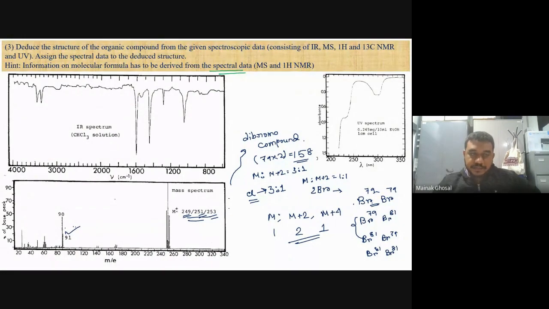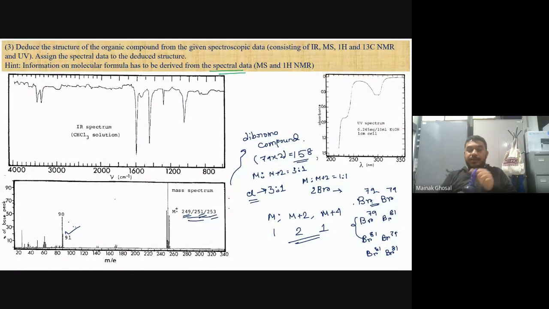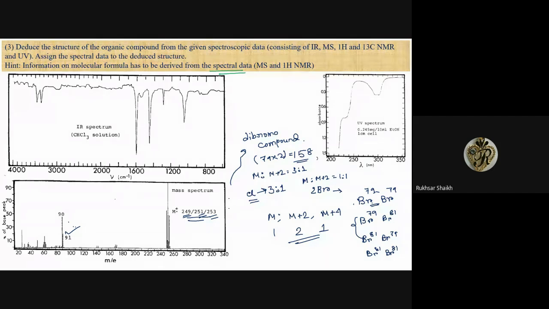Now if you look at the IR spectrum, there is some indication of which kind of group could be present. Can you tell me which kind of group could be present just from seeing the IR spectrum? C double bond C. Aromatic.